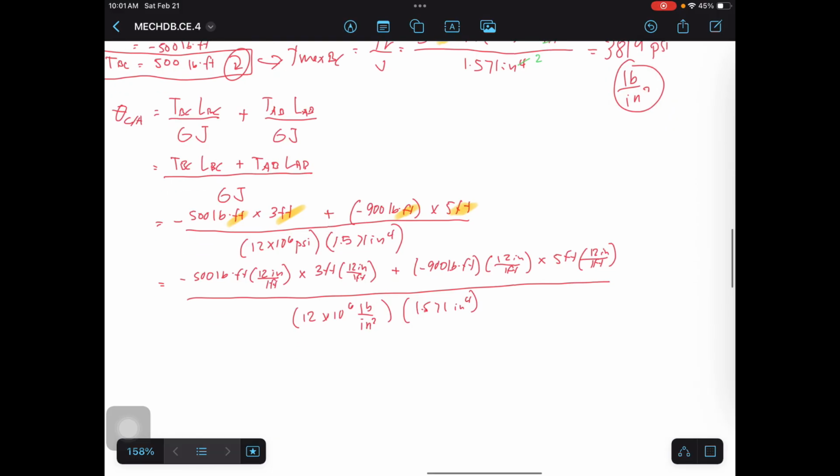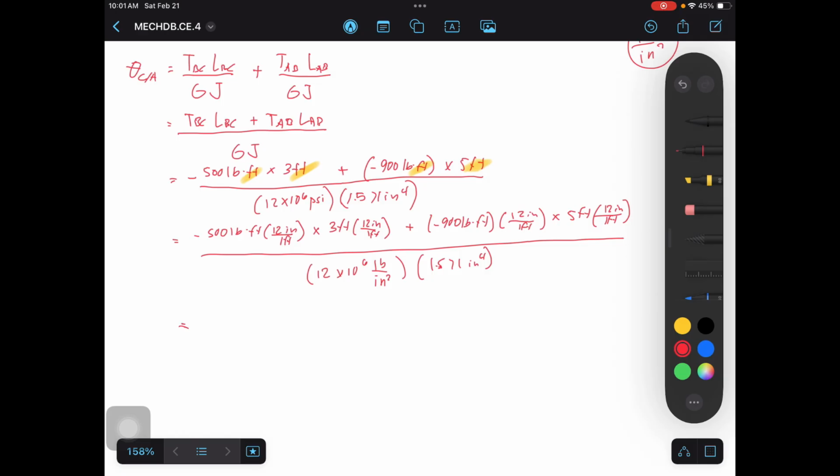So, let's do the operation. How much na ito niyan? So, it's negative 500 times 12 times 3 feet times 12, minus 900 times 12 times 5 times 12, all over 12 times 10 raised to 6 times 1.571 inch raised to 4.